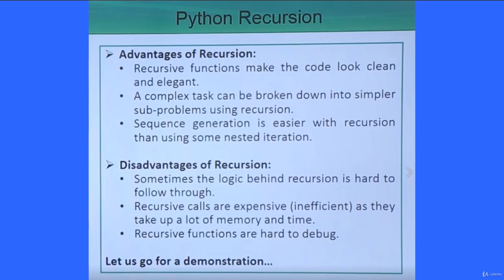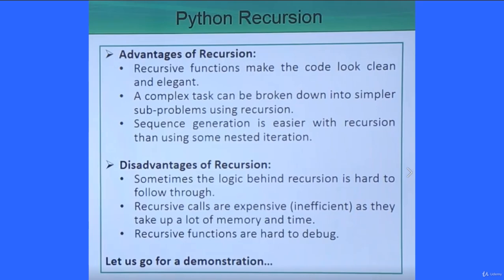So that means the recursive algorithms are very easy to write. The fewer codes are there, so obviously the programmers will feel comfortable to write a function in a recursive version. So a complex task can be broken down into simpler subprograms using recursion here. So sequence generation is easier with recursion than using some nested iterations.